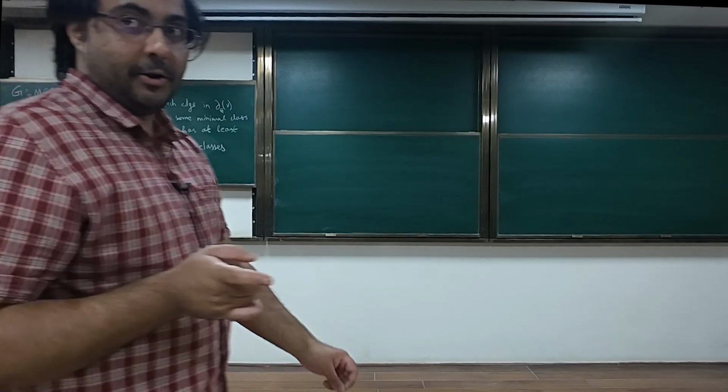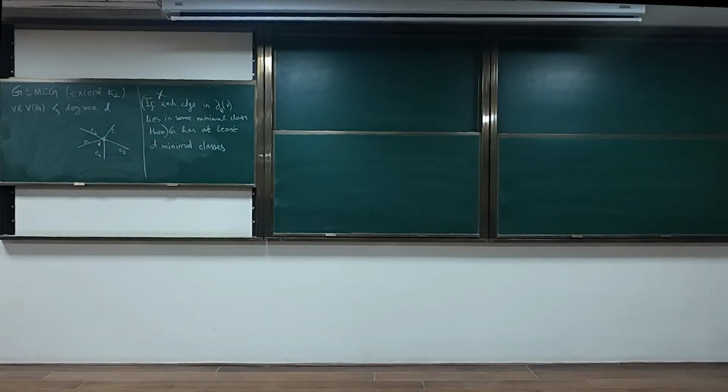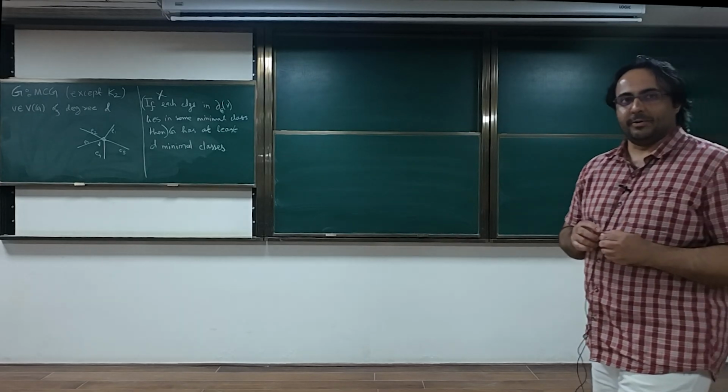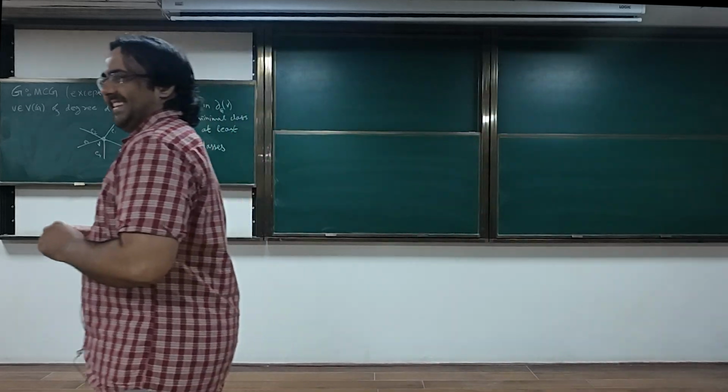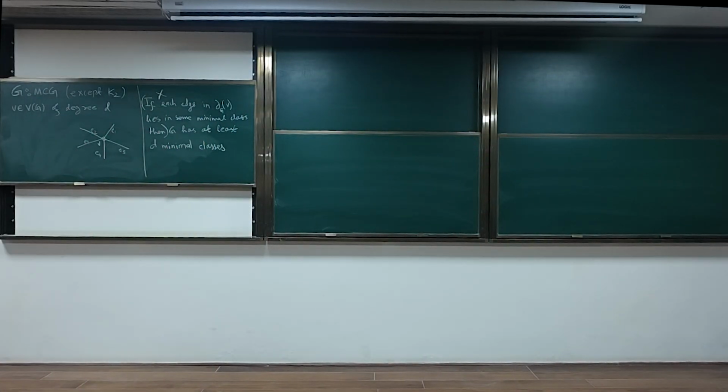And convince yourself that you are not double counting any of them. Yeah? Okay, so see if you can write down a formal argument. Convincing is one thing. Now see if you can write down a formal argument. How do you formally write down that the graph in this case has at least 5 minimal classes? Okay, I'll come and talk to you.